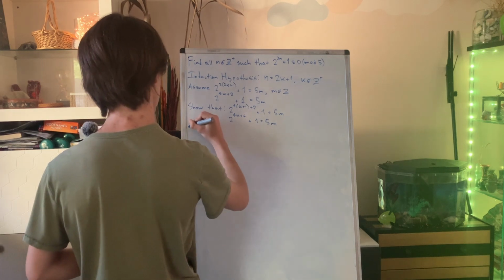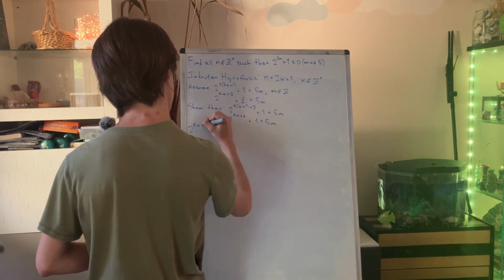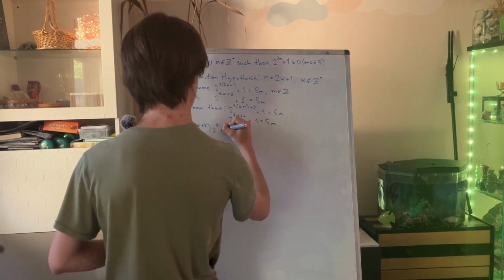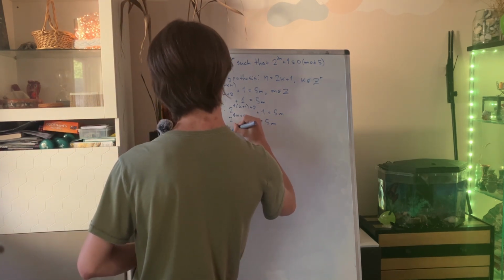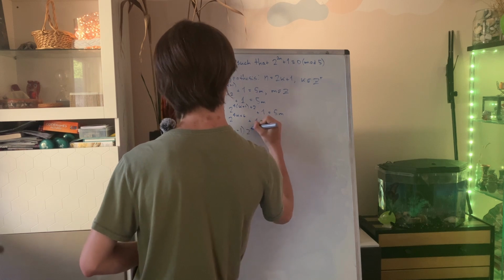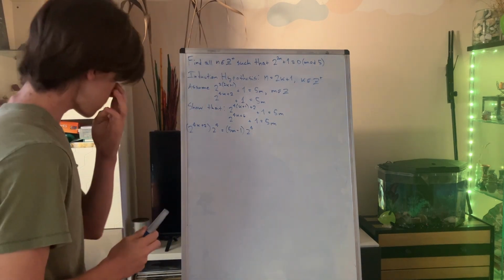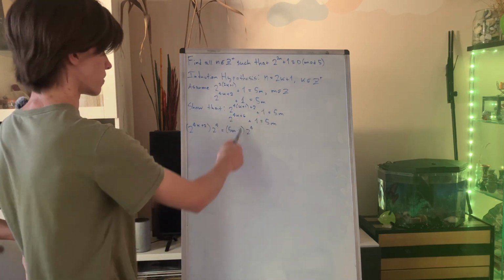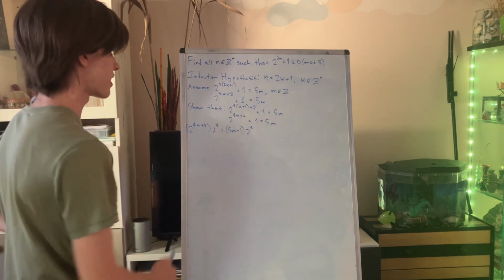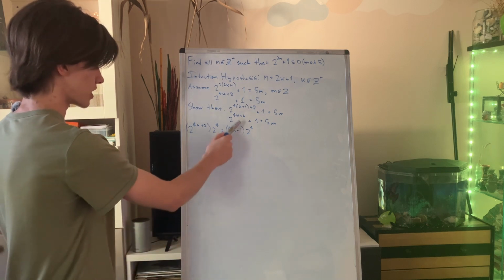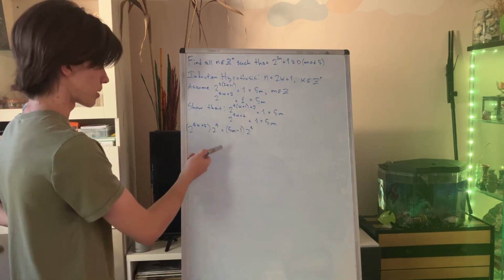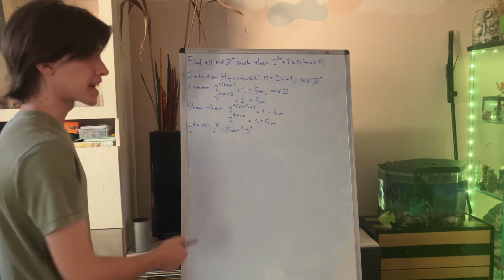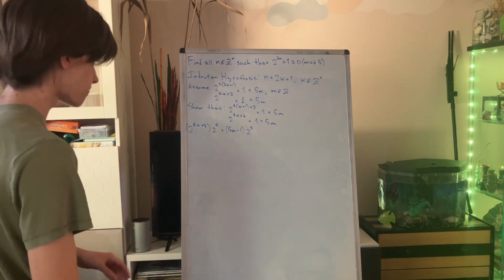If you're not following, look at this. 2 to the 4k plus 2 times 2 to the power of 4 is equal to 5m minus 1 times 2 to the power of 4. We took our assumption, because this assumption is true, I moved over 1 to this side, and I multiplied everything by 2 to the 4 in order to get what we have to show. 2 to the 4k plus 2 times 2 to the power of 4, that's just going to add 4 to our exponent, which will make it 4k plus 6.